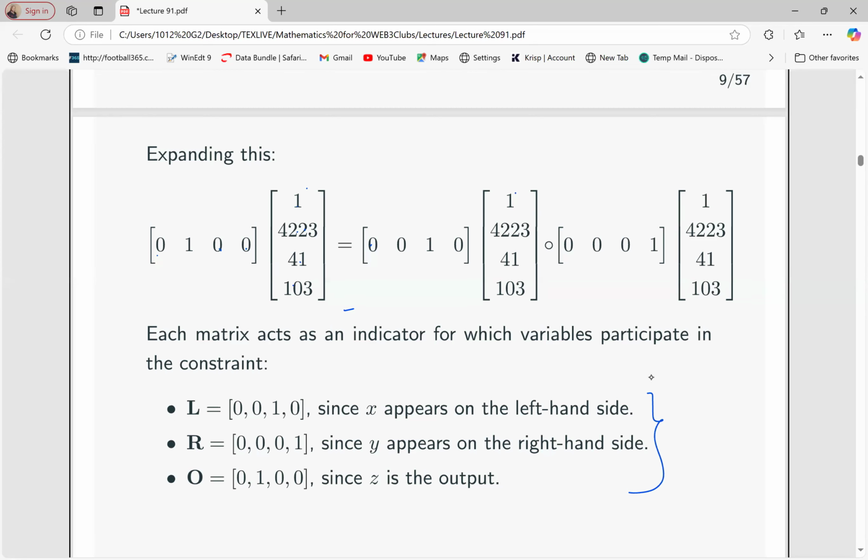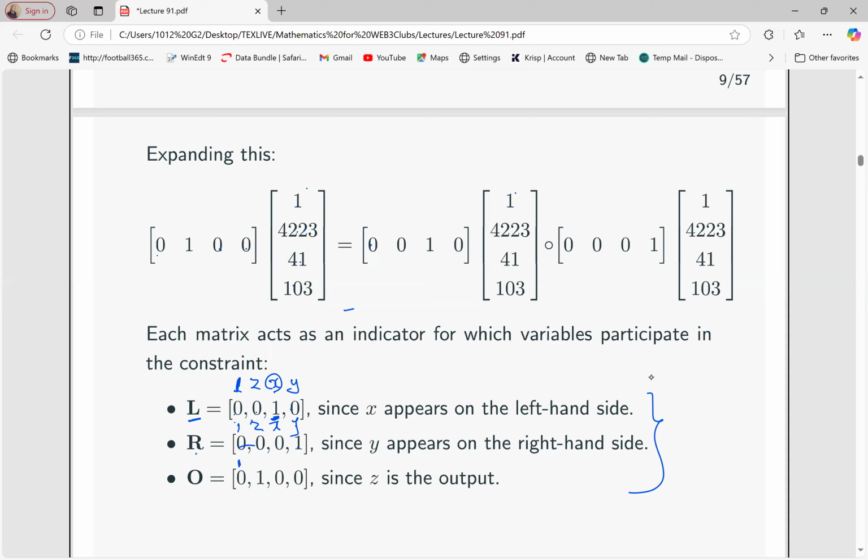I already explained why there's a 1 here and a 0 elsewhere. Remember, when you're writing the witness, this was our 1, this was our Z, this was our X, and this was our Y. So at the left matrix, X becomes 1 and the rest go to 0. And then again 1, Z, X, Y, the right matrix, Y becomes 1 and the rest go to 0.